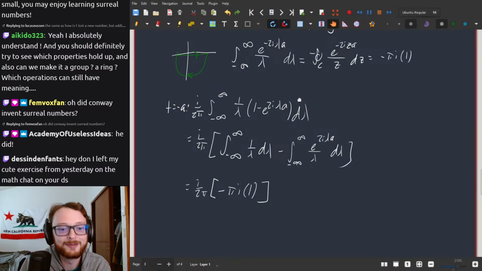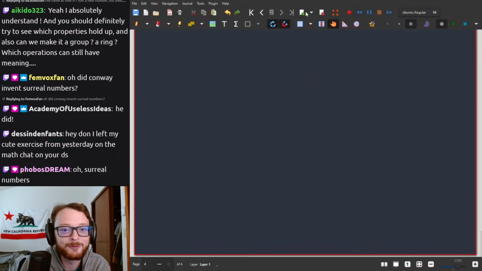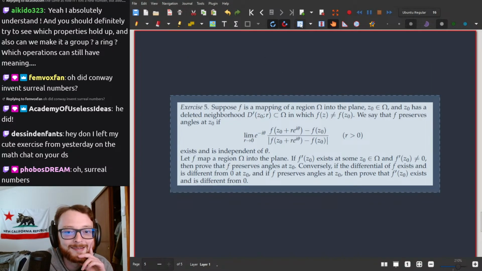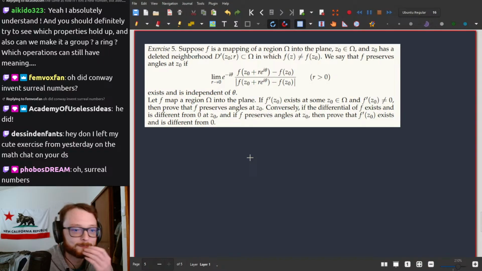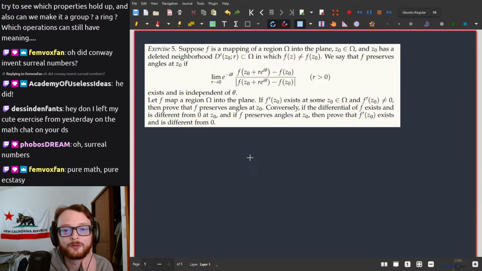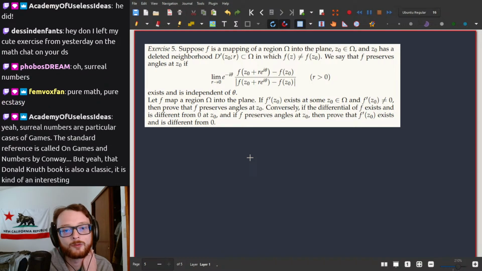Okay, let's see what Desmond posted. It's the real numbers. All right. Suppose f is a mapping of a region omega into the plane, z naught is a member of omega, z naught has a deleted neighborhood D prime of radius R that is a proper subset of omega, in which f of z is not equal to f of z naught.